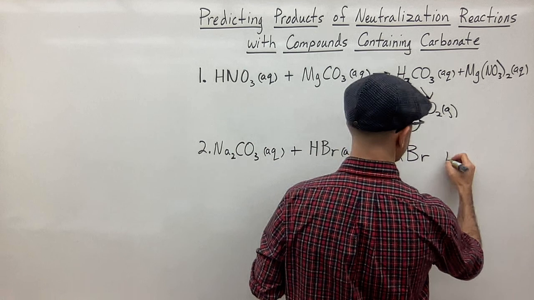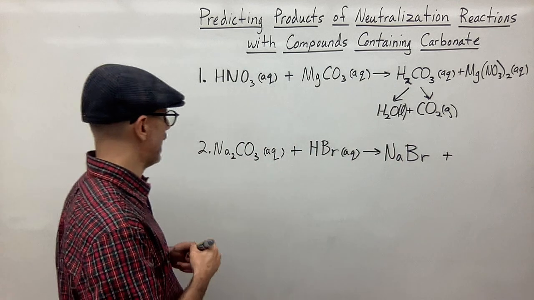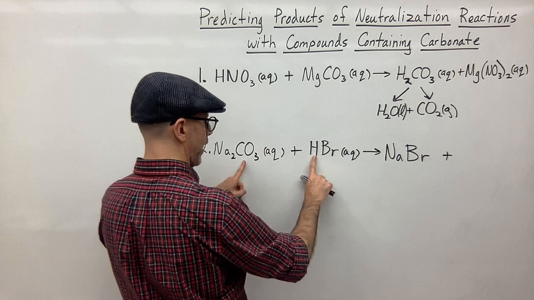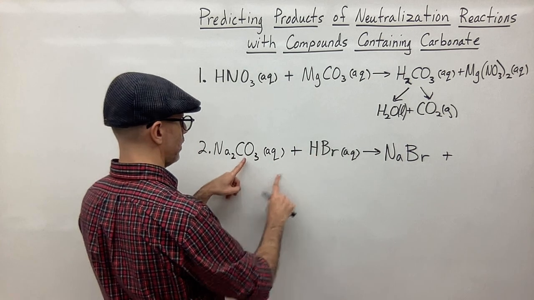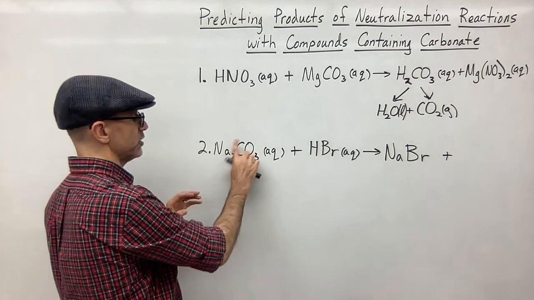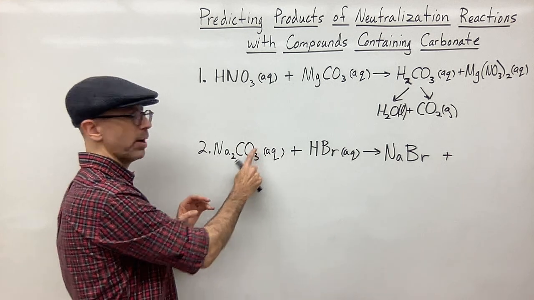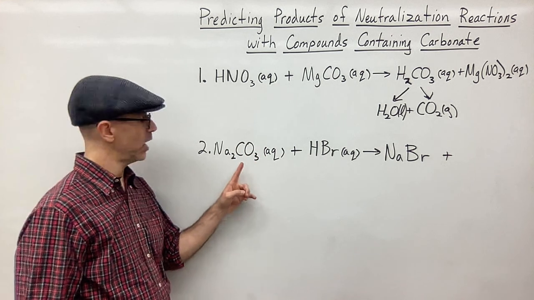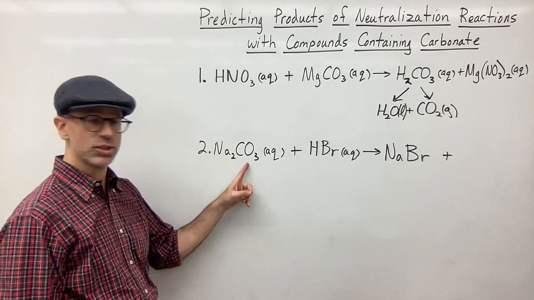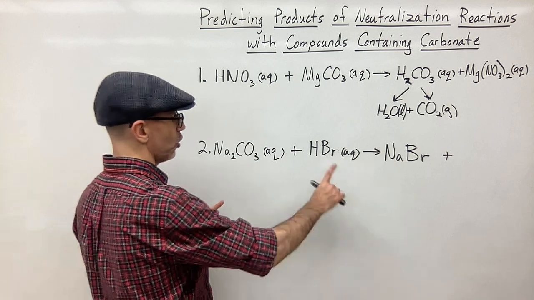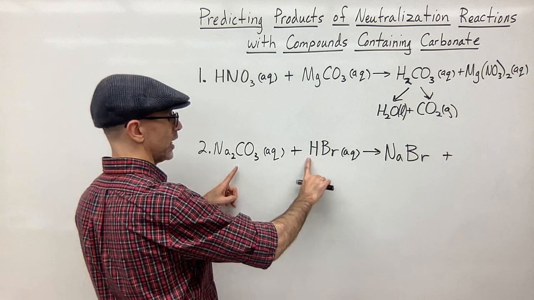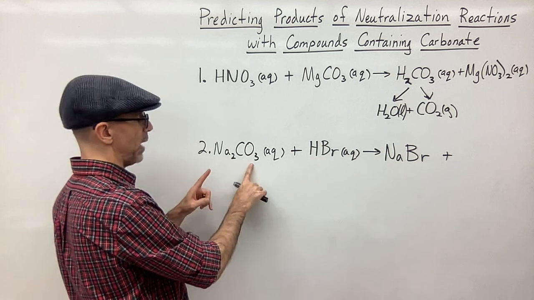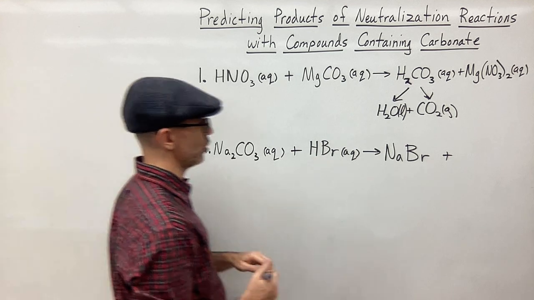And then we're going to do the inside ions. So H is going to go with the CO3, the carbonate ion. Remember, carbonate has a 2- charge on it. So for the H plus, we're going to need two of those to balance the charge on the CO3.